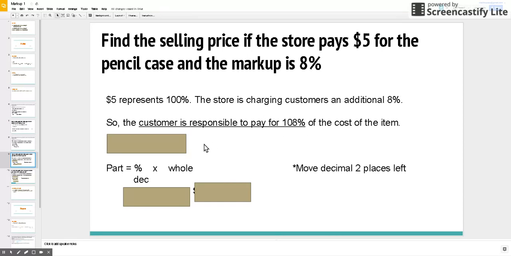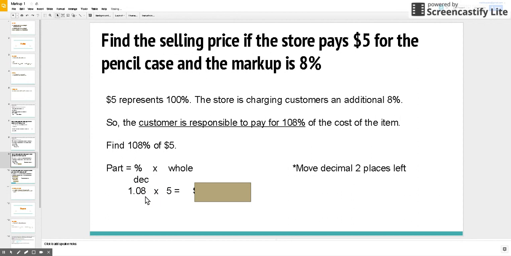So let's figure out what is 108% of $5. We're going to take the decimal point and move it 2 places to the left, so 108 becomes 1.08. We're going to multiply it by our whole, which is 5. And then we end up getting $5.40. So the selling price would be $5.40.